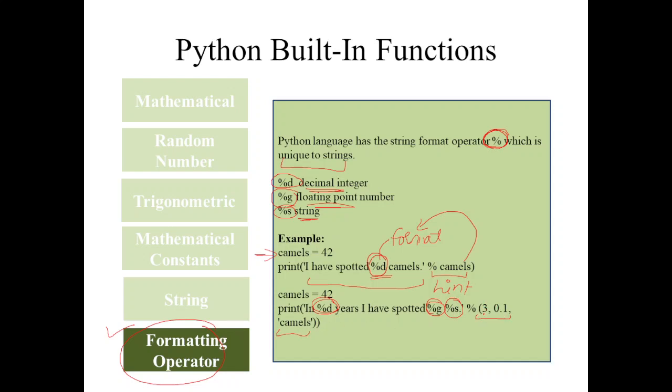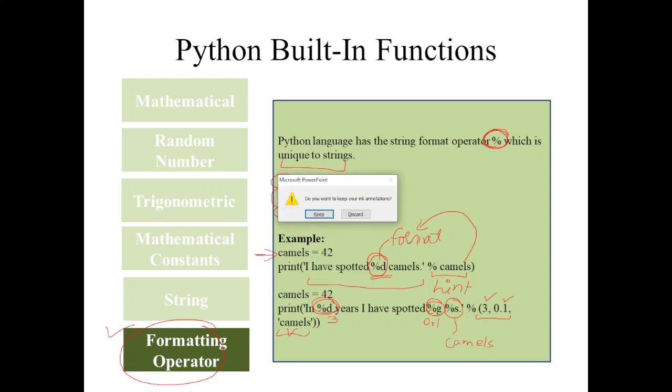In the brackets there are three values: first is a decimal value, next is a floating value, and last is a string value. So in place of %d, the decimal value will be moved, which is 3 years. In place of %g, the floating point value will be moved, which is 0.1. And in place of %s, the string value will move, which is camels. In this way we can hide some information using formatting operators.